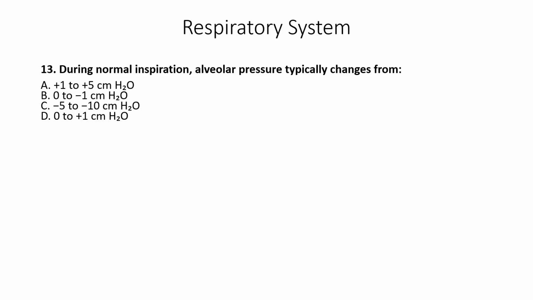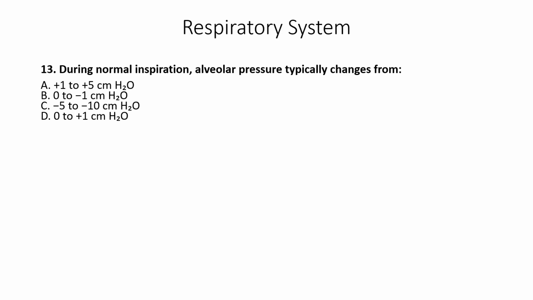Okay, so let me explain this one. During normal inspiration, inspiration means we're taking the air in. So the air needs to move from the atmosphere into the alveoli, into the blood. For this, you would need a pressure gradient between the respiratory tract, the alveoli and the blood.